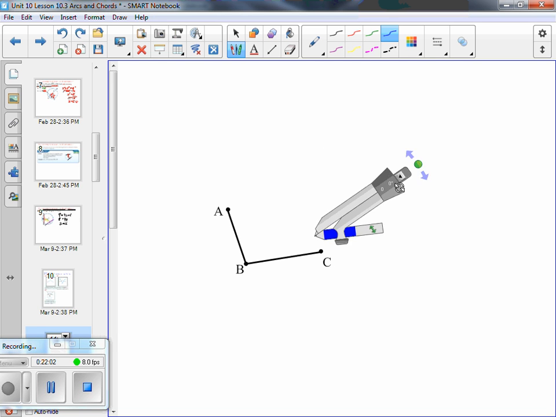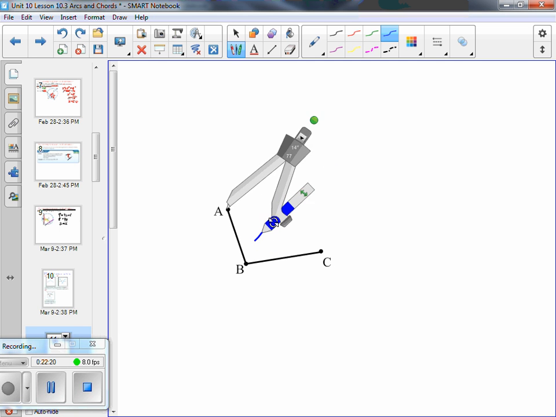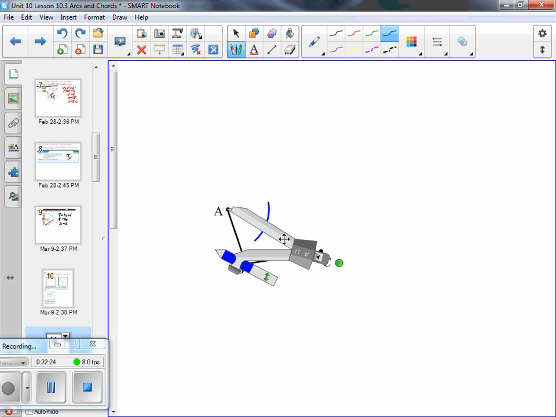So I think I'll do AB first. And we did a bunch of perpendicular bisectors way back when. Remember what you do? Put your compass point at one end, stretch the compass out so that it's more than halfway to the other end, then make an arc on each side of segment AB.